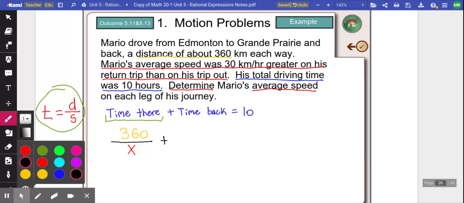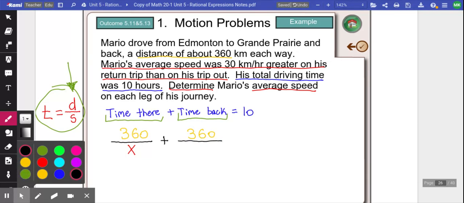Plus, now I want to try to turn time back into distance and speed. The time it took me to get back would be the distance back, which is 360, right? Because I drove back the same way.